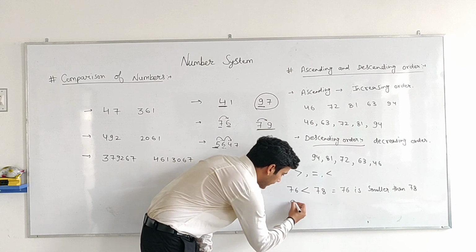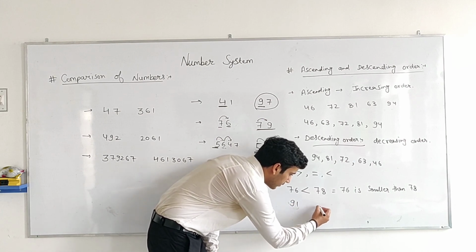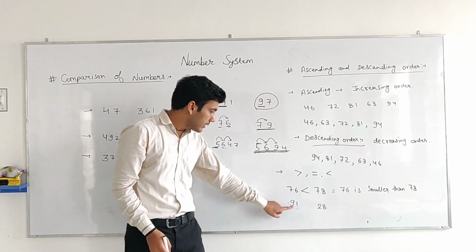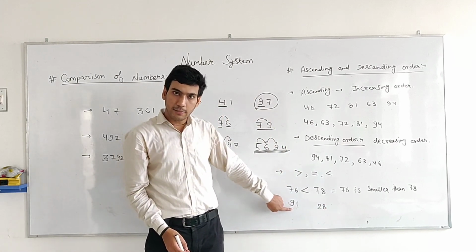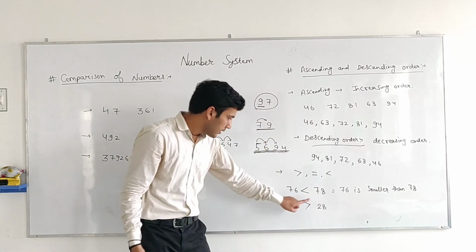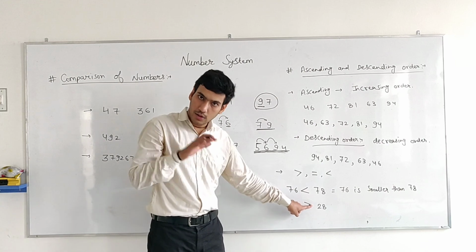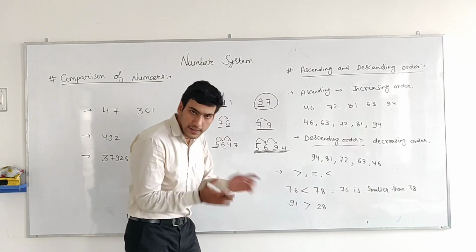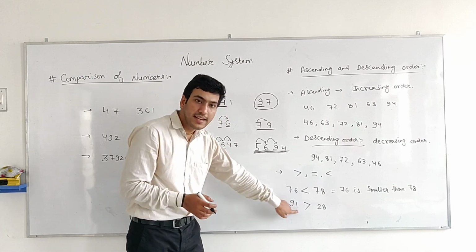Another example. Let us take 91 and 28. There are two numbers, and you can see 91 is a greater number. So this sign is there. This head represents the lowest number, and 28 is the lowest number, and this open head represents the greater number.